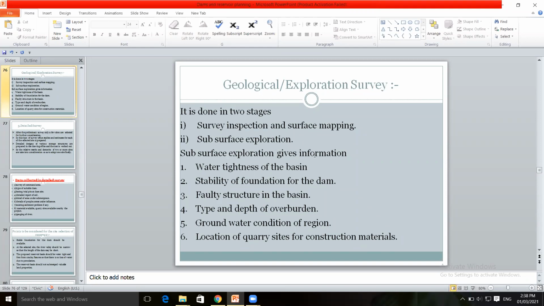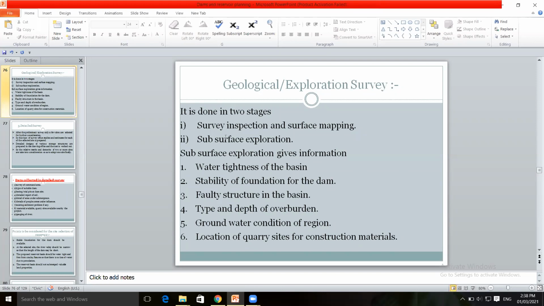In surface investigation, you take different trial pits, using some cone penetration methods, SPT, standard penetration test, or some plate load test to check the bearing capacity of the soil. Bearing capacity test is taken.